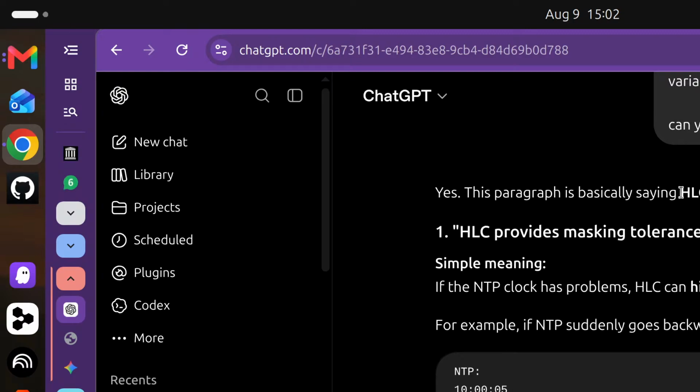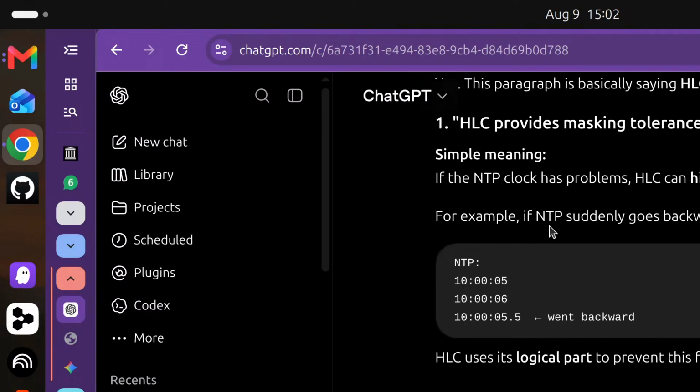Like events, NTP also can drift, right? So HLC provides masking tolerance to common NTP problems. Simple meaning of this is, if the NTP clock has problems, HLC can hide or mask those problems and continue working.